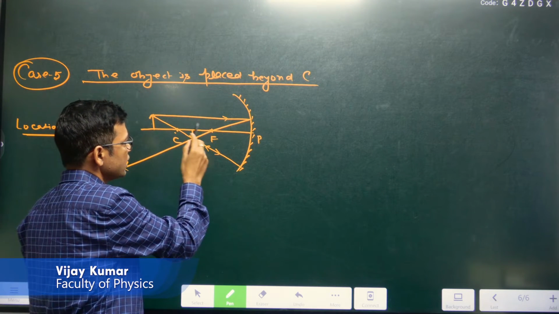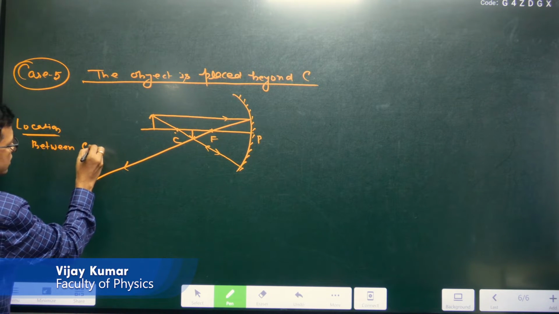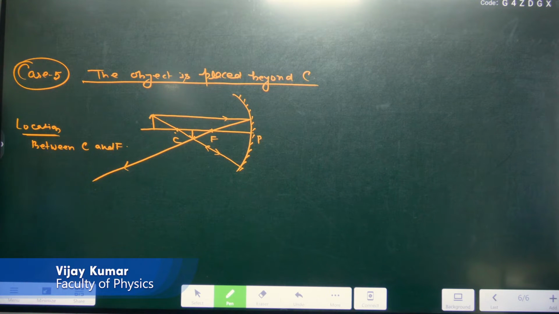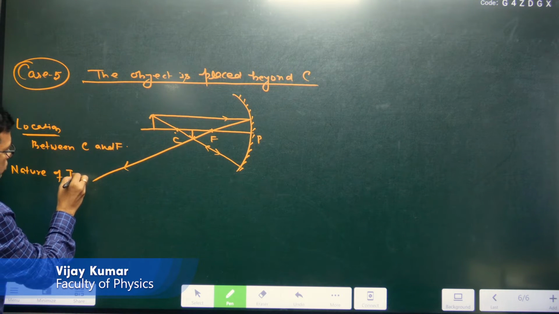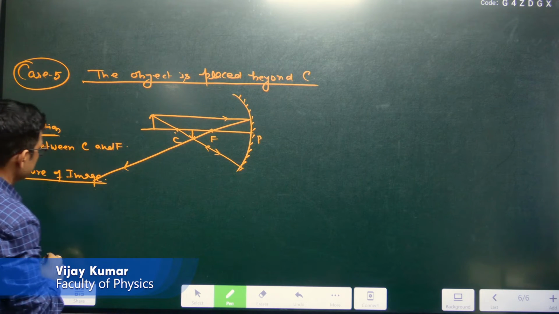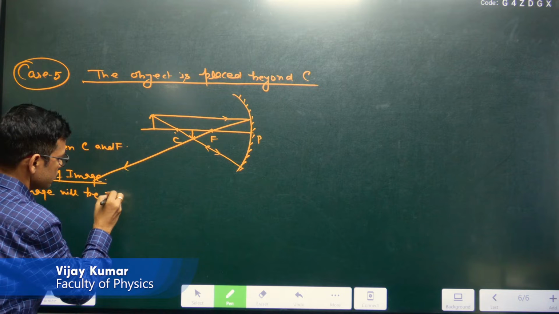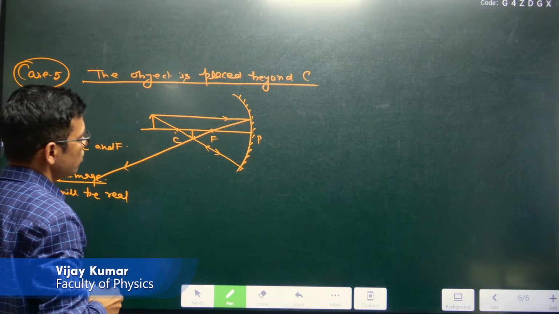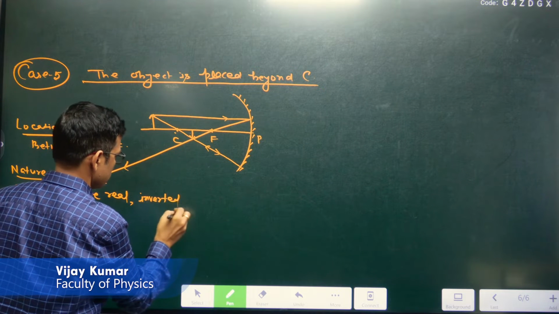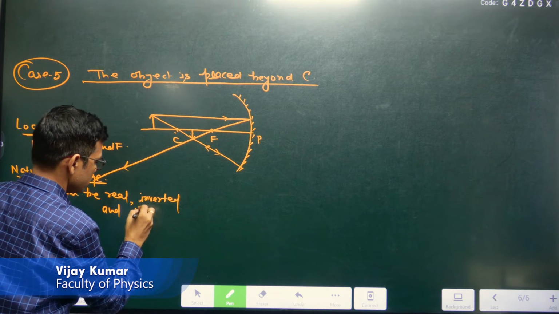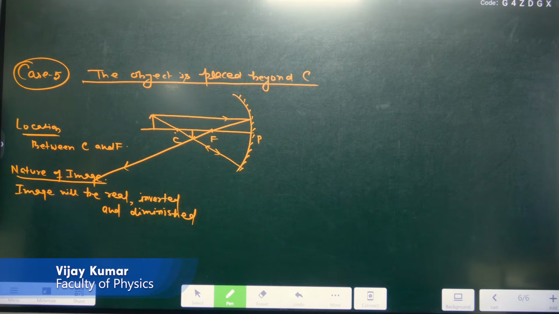The location of the image is between C and F. Now come to the nature of the image. Here the image will be real, because it is formed by the intersection of real rays, inverted and diminished, because this image is smaller compared to the size of the object.